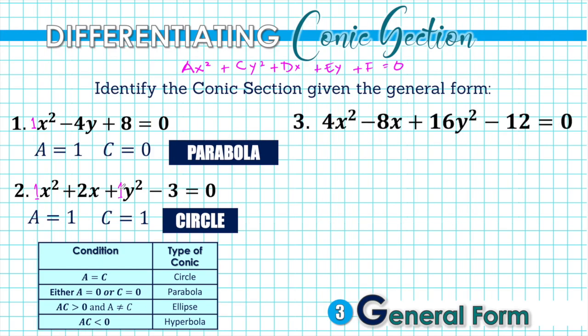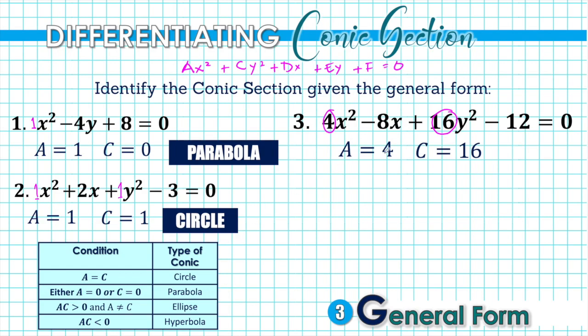For this equation, we have 4x squared minus 8x plus 16y squared minus 12. Let's identify A. A is 4, while our C is 16. Now we can see that A and C are both not 0, so we cannot say that this is a parabola.